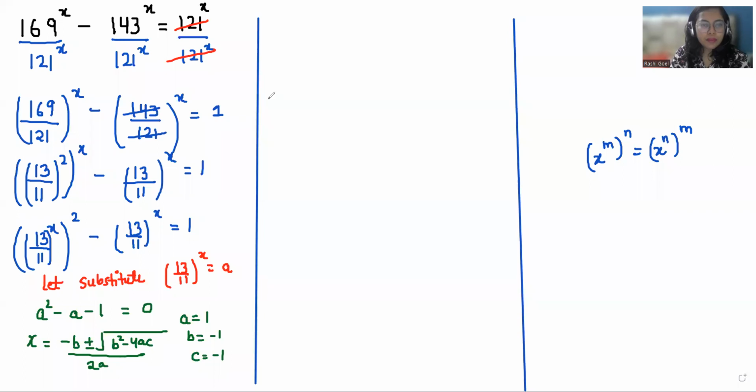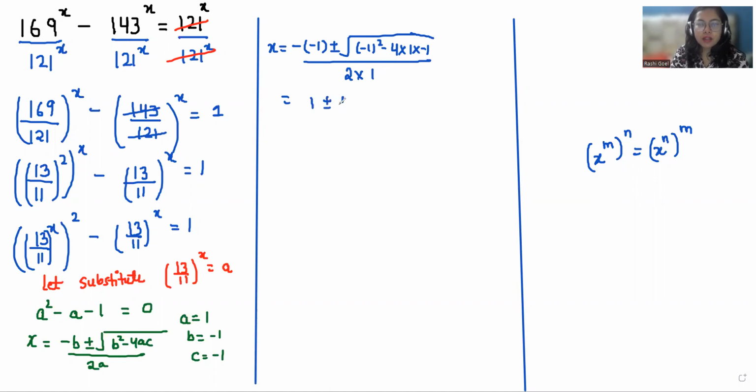Now we can put the value: x is equal to minus b, so minus minus 1, plus minus under root b square, that is minus 1 square, minus 4 times a which is 1 and c which is minus 1, divided by 2 times a, that is 2 times 1. So minus minus is plus 1 plus minus under root, minus 1 square is 1, 4 times 1 is 4, minus minus 1 is plus 4, divided by 2.